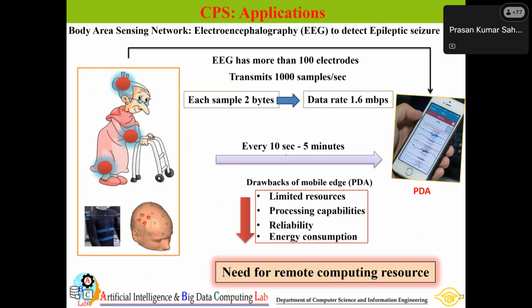Then it can be transmitted to the PDA, and the PDA can analyze the epilepsy current situation. But the PDA has a drawback: this mobile edge device can have limited resources or processing capabilities, reliability, and power consumption. These are also problems in this application.